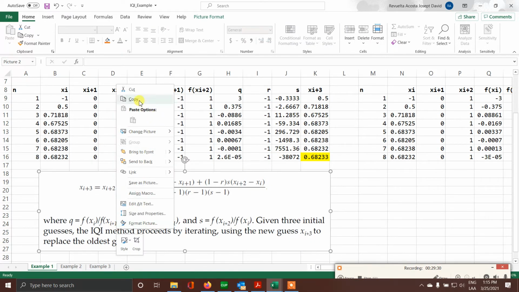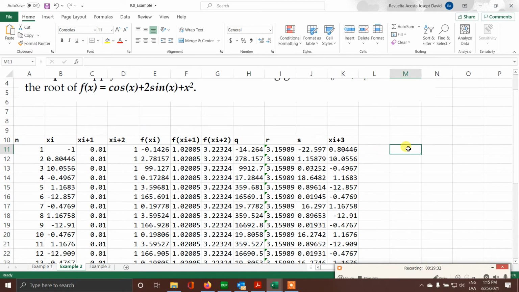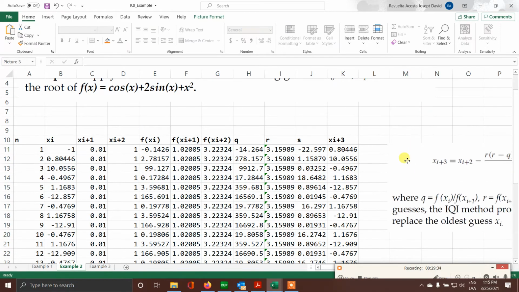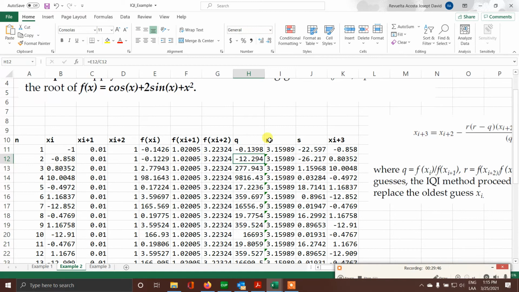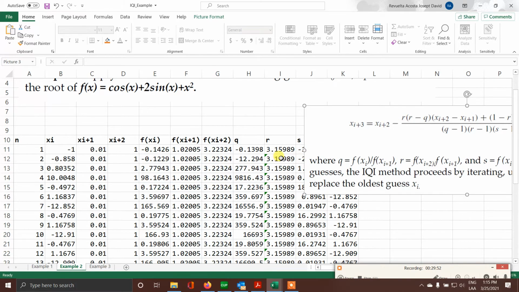R is now f(x_i+2), which is the blue one, and then f(x_i+1), which is the red one. Okay. And then we have the S, which is S equal to what? f(x_i+2) divided by f(x_i). Okay, so let's see if that works.